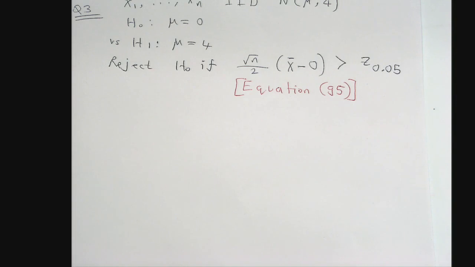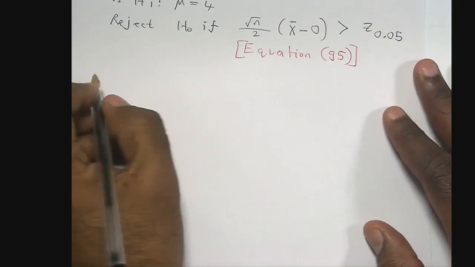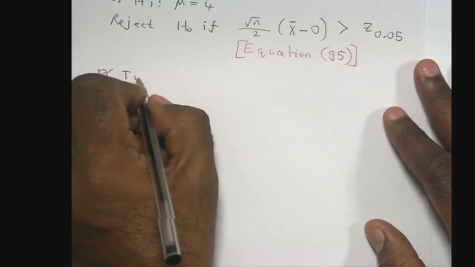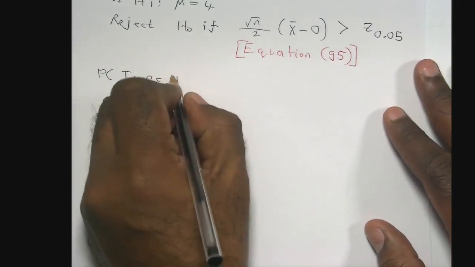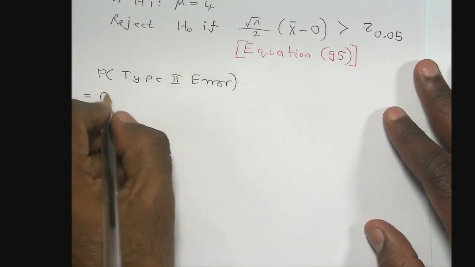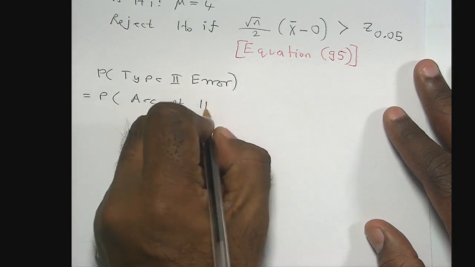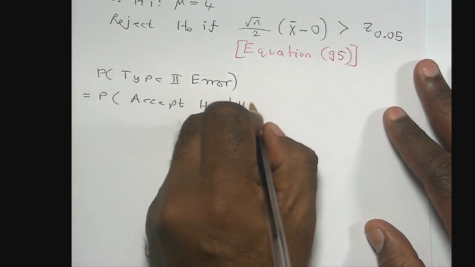Now the question, guys, is to find an expression for the probability of type 2 error. So we want to find the probability of accepting the null hypothesis when H1 is true.